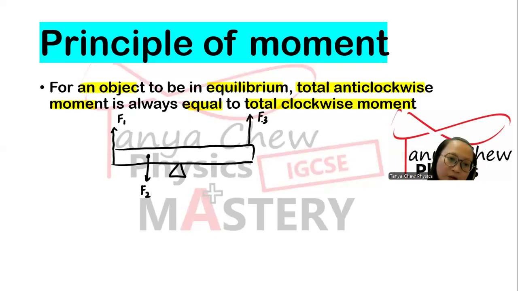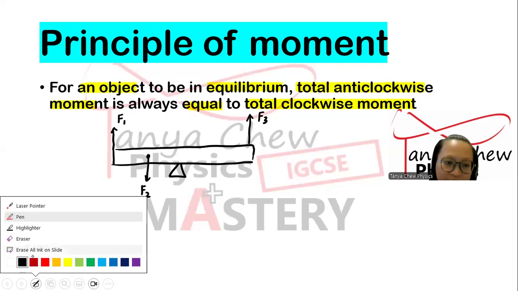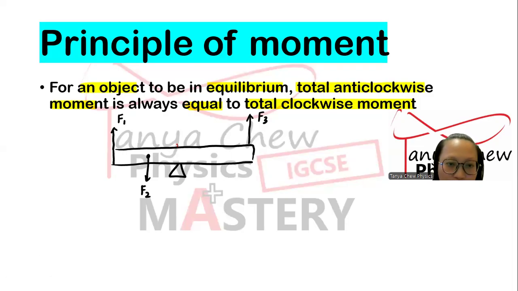This is a distance, I call it distance 1. This is what we call perpendicular distance. When the force is vertical, perpendicular distance must occur in the horizontal, x direction, because the force is acting in the y direction. So this is perpendicular distance 1 for force 1, measured from the pivot itself. Perpendicular distance for F2, and this is perpendicular distance of F3.